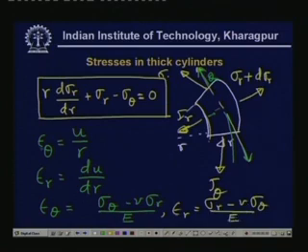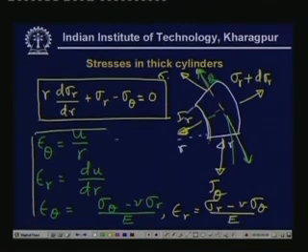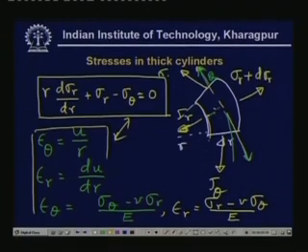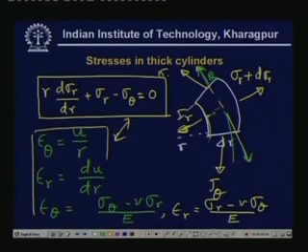So, these are the four expressions which are required, and when we combine them together, we get one equation in terms of u, that is the displacement of any particular point. Now, that equation I am not going to derive, but I give you the end result of it.